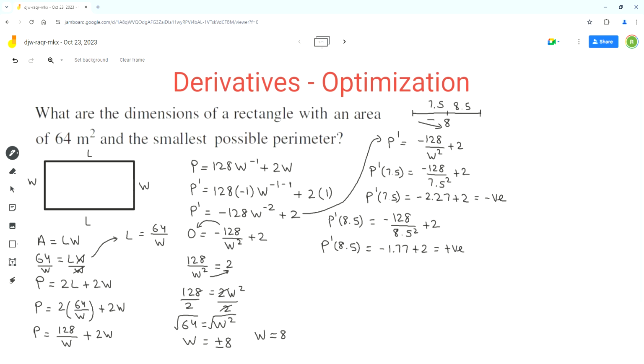That means the function is increasing on the right side of W equals 8. That means the perimeter has a minimum value at W equals 8.